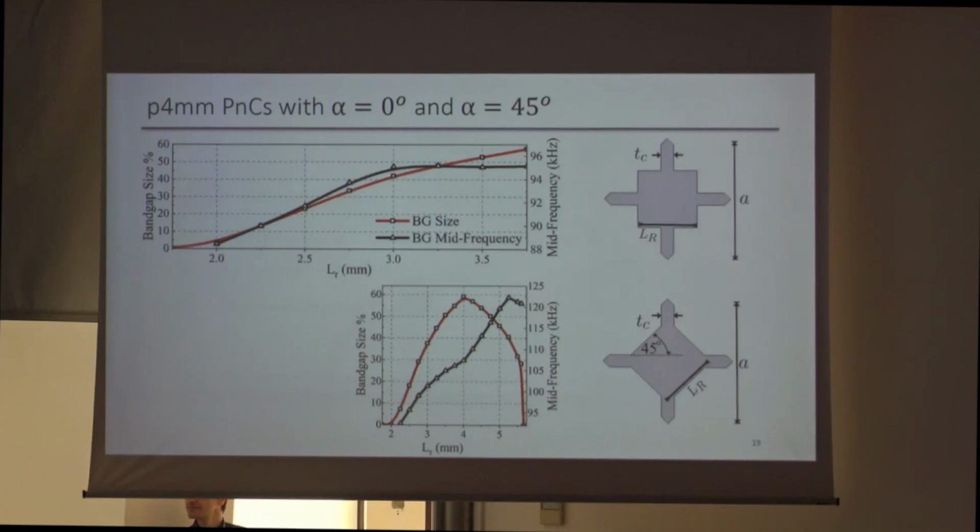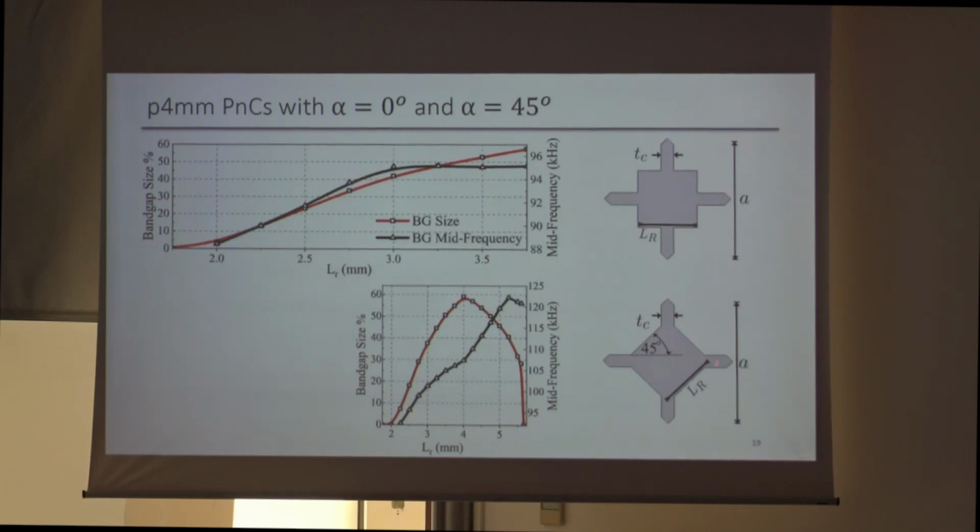Then, if we change the resonator size, we will see that for the alpha of 0, it will monotonically increase with the resonator size. So that's not that interesting, kind of expected.